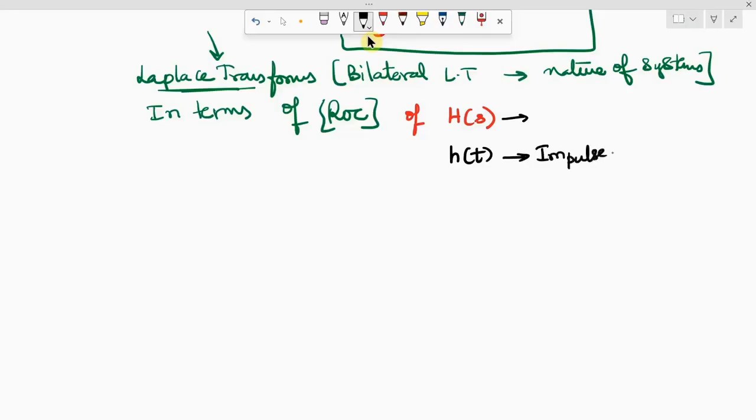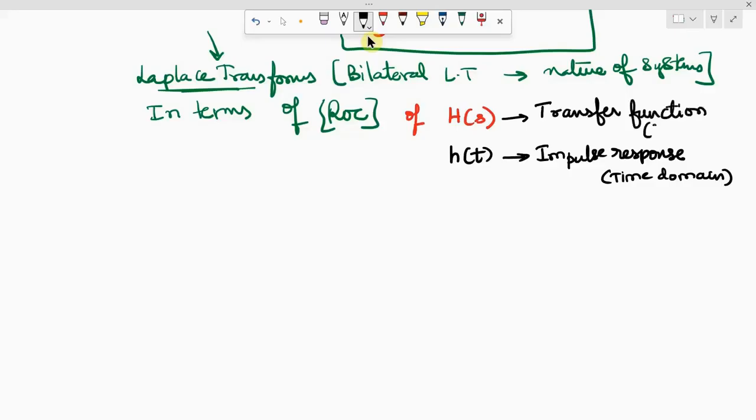Right? And H of S, do you remember this? Yes, sir. Transfer function, which we represent in which domain? S domain. Because I am talking about Laplace transforms, we represent that in S domain.